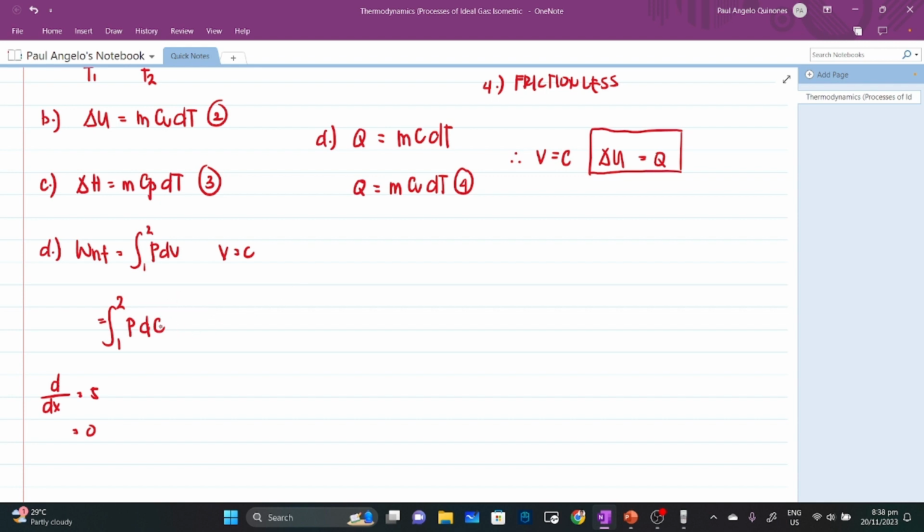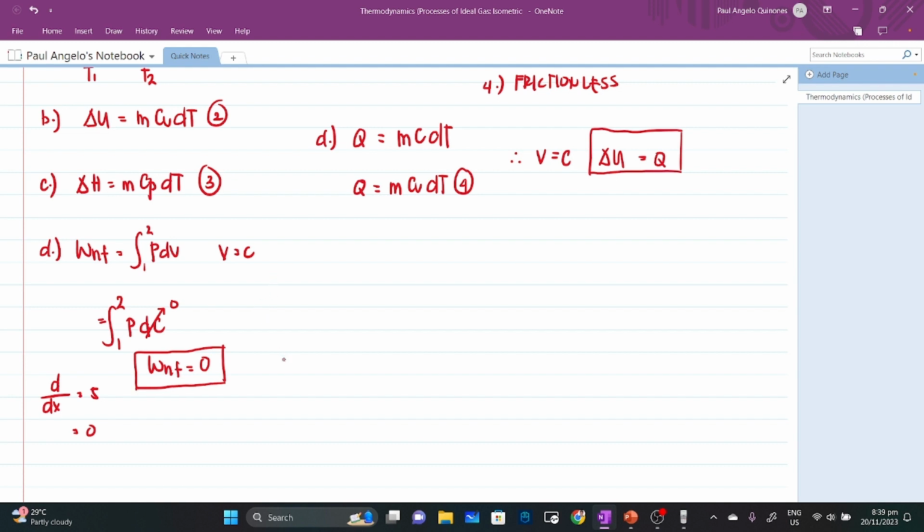So we can conclude that this term is equal to 0. Regardless of how huge the magnitude of function P is, anything that is multiplied by 0 is equal to, very good, 0. Therefore, the non-flow work is equal to 0 during an isometric process.